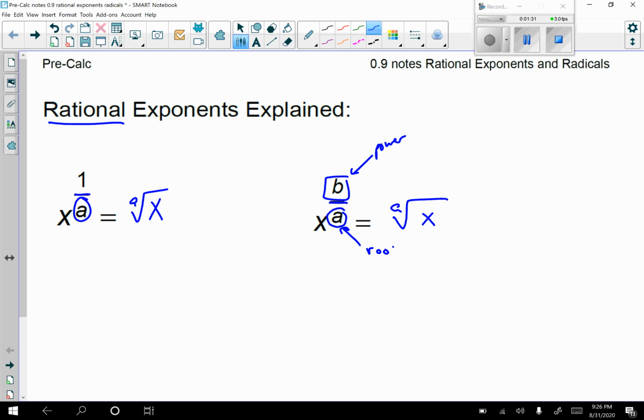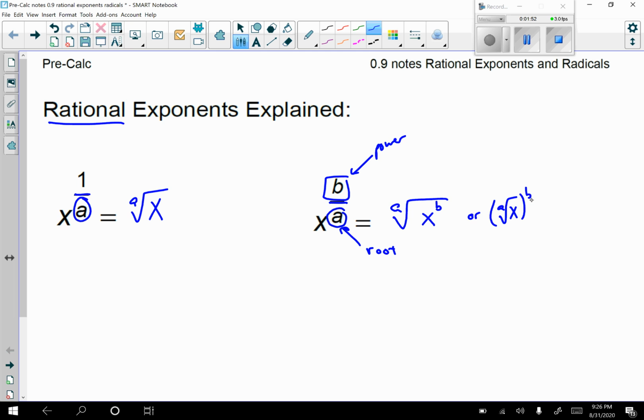Denominator, that is the root. Now, these are both powers, so they can be done in either order. You could say this is the eighth root of x to the b, or you could say this is the eighth root of x, and then all of that to the b power. Both mean the same thing.